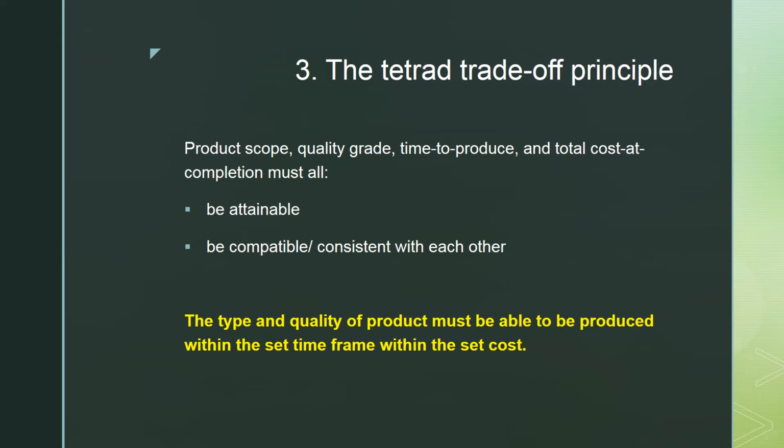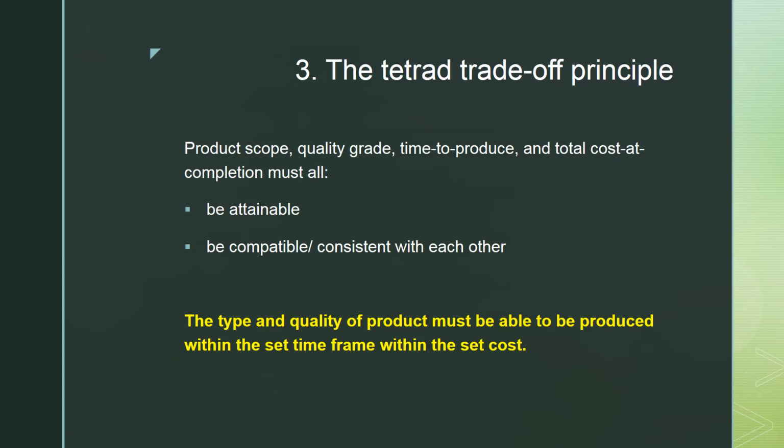Time to produce. Can it be produced within the time frame which has been set at the beginning? If you have budgeted for 12 weeks within which to complete a project, and then what you are doing actually requires 7 years, then it's undoable, it's unattainable within a 12-week period.